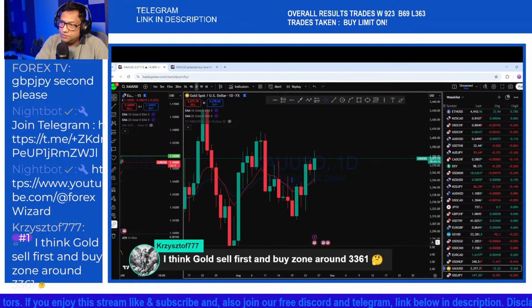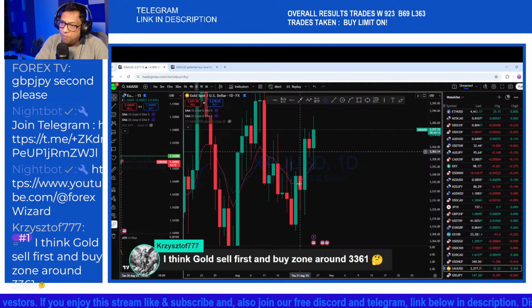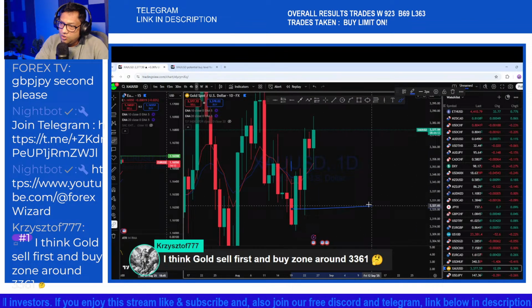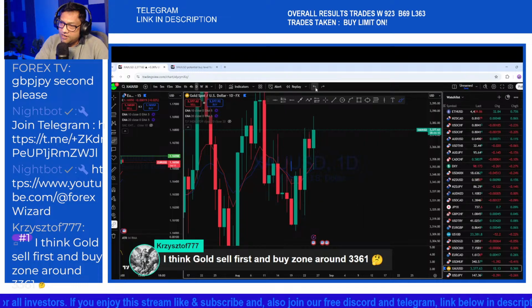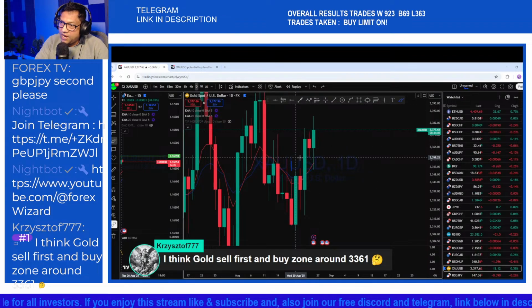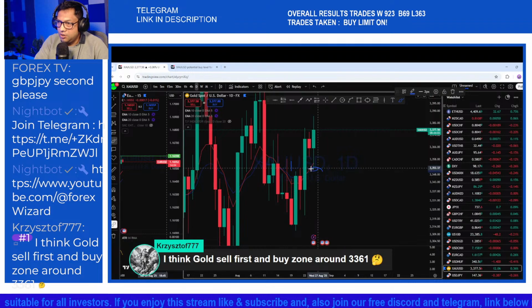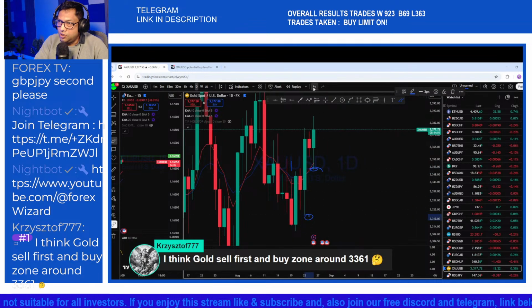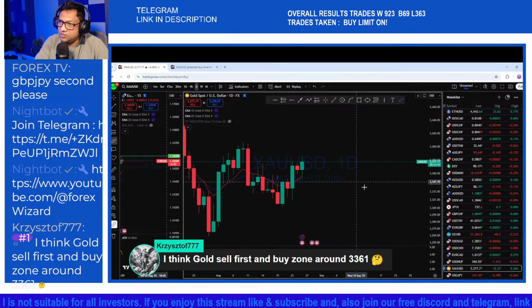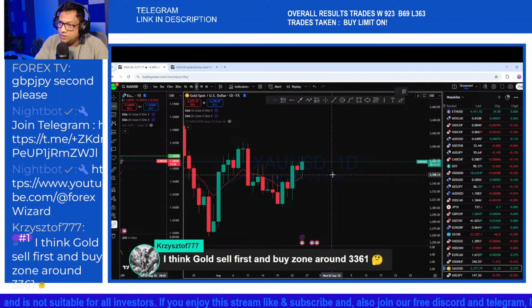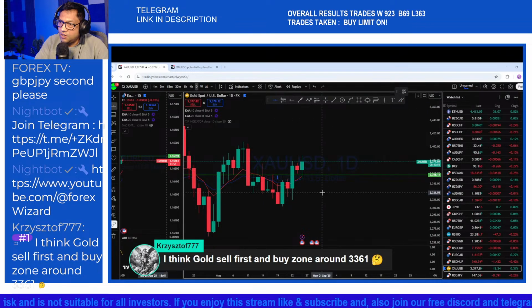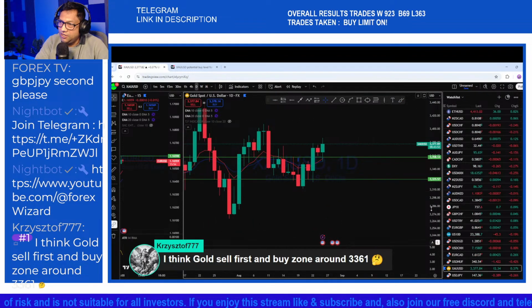And also, in daily price action, we see that the market has crossed the daily low. So in both directions, the market has crossed the daily low that we can see.